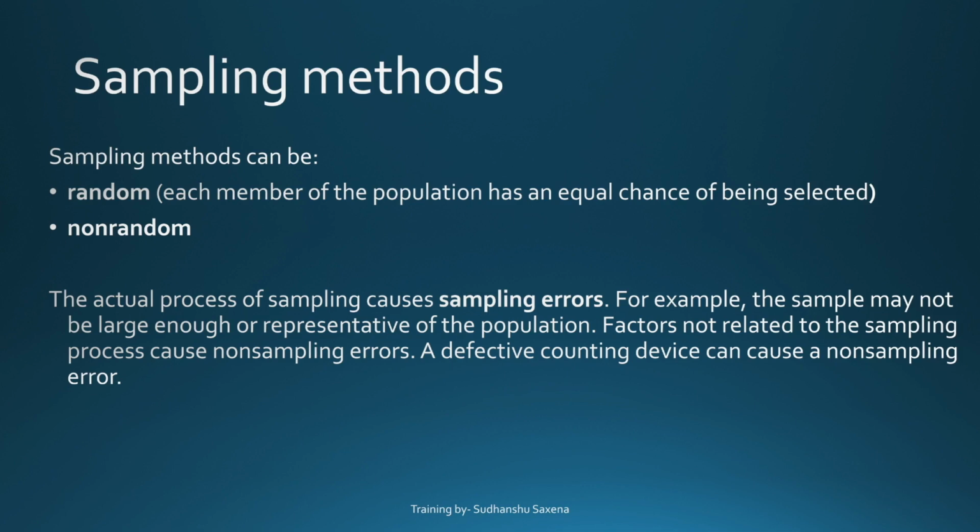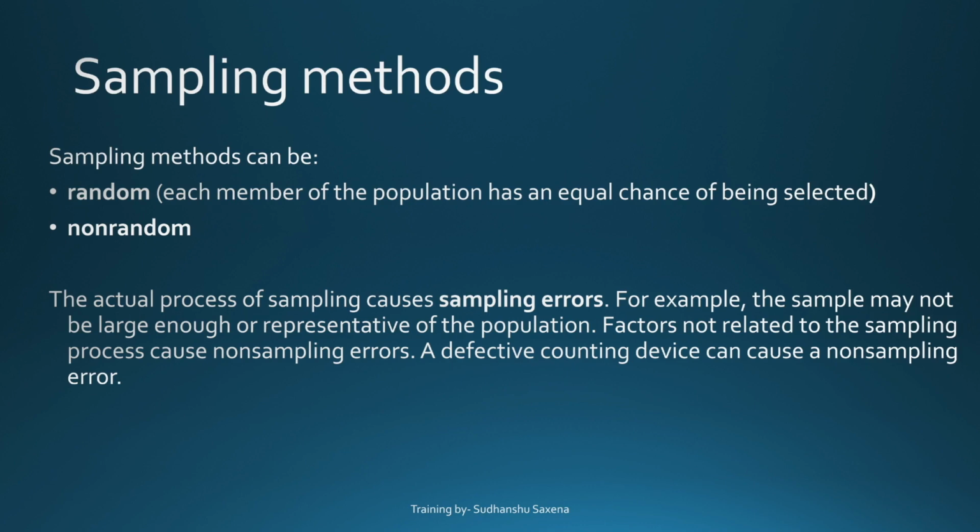The actual process of sampling also causes sampling errors. For example, the sample may not be large enough or representative of the exact population. Factors not related to the sampling process cause non-sampling errors also. For example, say there are 100 cars and I want to measure the average time each car takes to speed from 0 to 100.